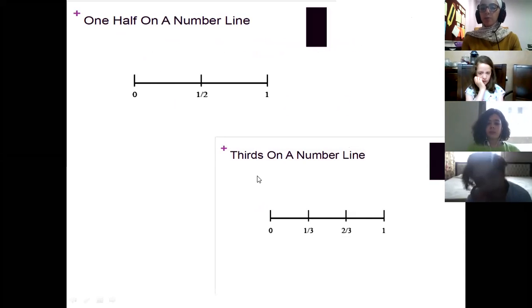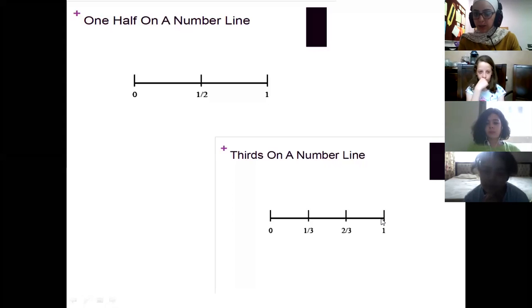And when we talk about thirds, that means we have 3 parts on the number line, from 0 to 1. Since we're talking about thirds, we should have 1/3, 2/3, 3/3, which is 1 whole, okay?